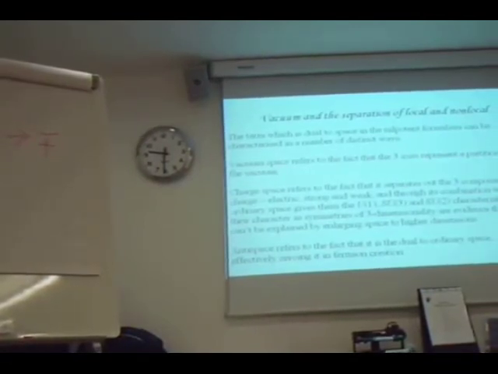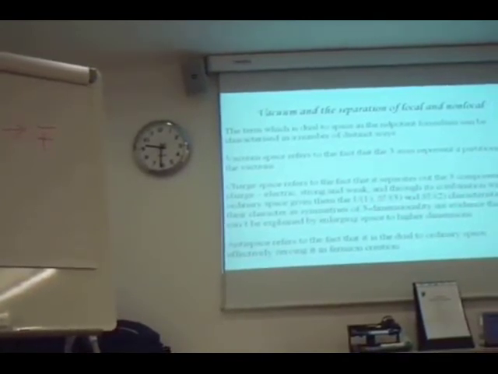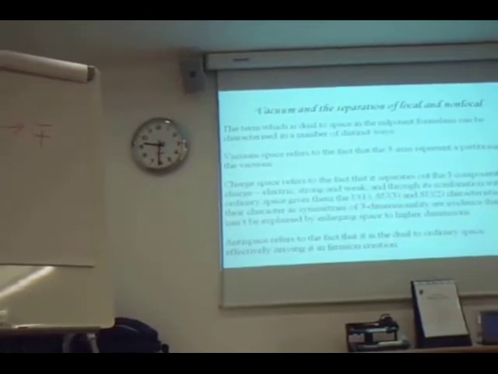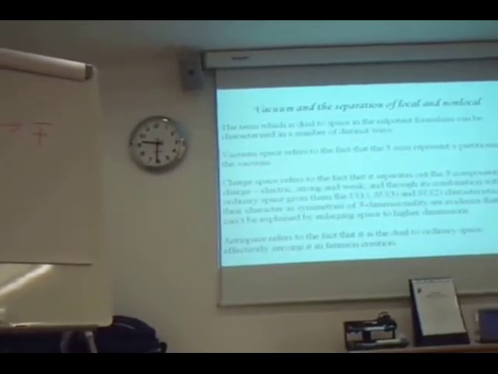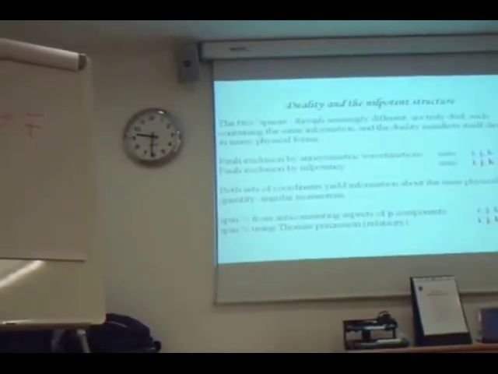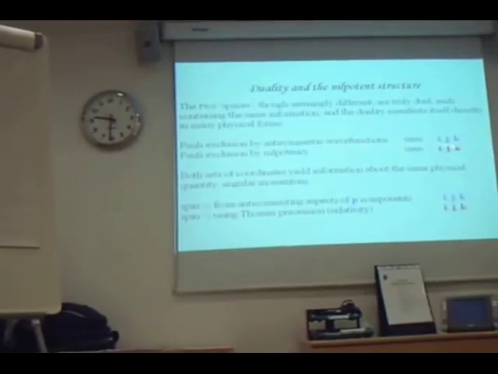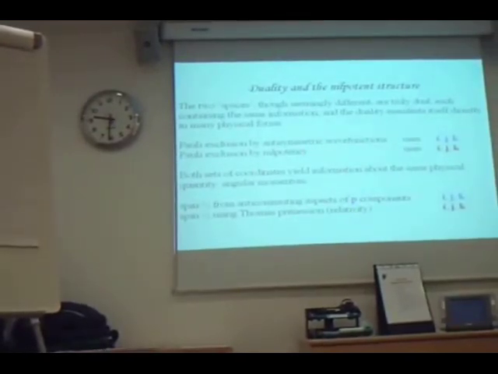Vacuum space, the three axes represent the partition of the vacuum. Charge space, ultimately you can pin it down to these three symmetries of the interactions. Anti-space, that is the dual, and effectively zeroing the space you start with. Just want to mention one or two things here. We've seen that the two spaces both do Pauli exclusion. They can also both do spin half.